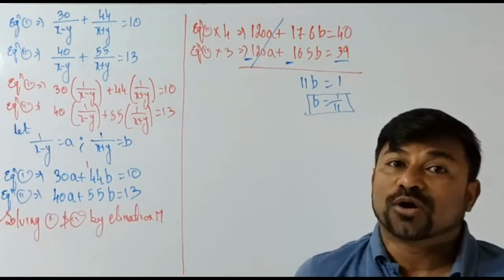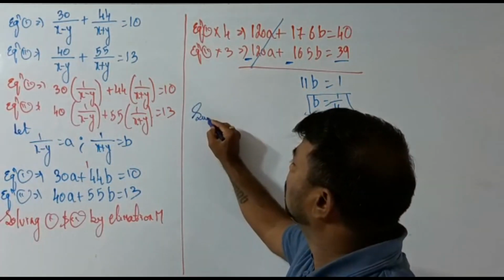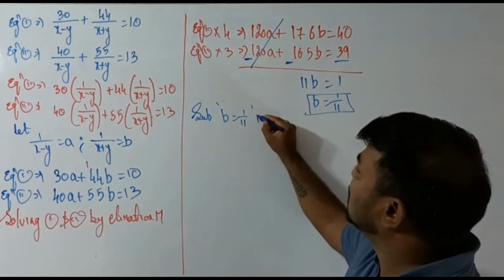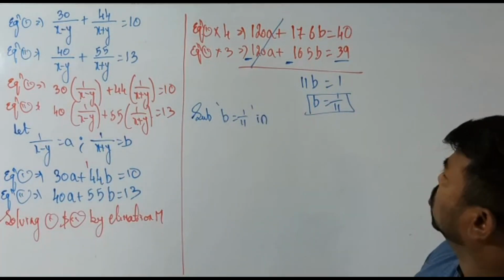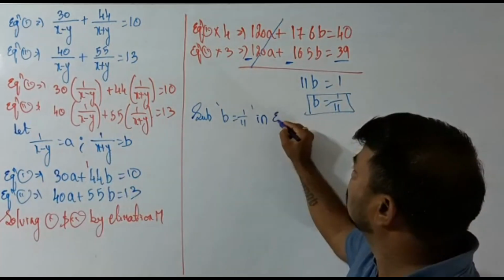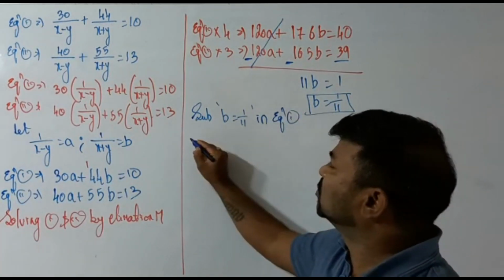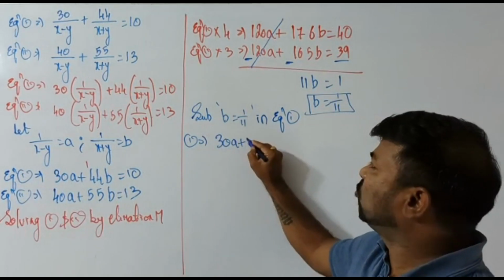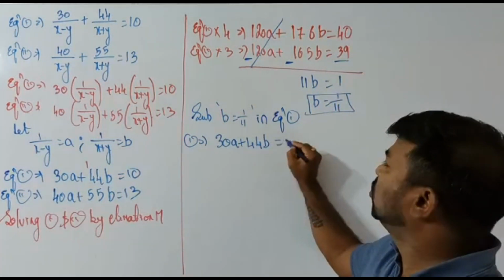Let me find the value of a. Substituting b equals 1 by 11 in any one of the equations, I like to substitute in equation 1. The first equation is 30a plus 44b equals 10.